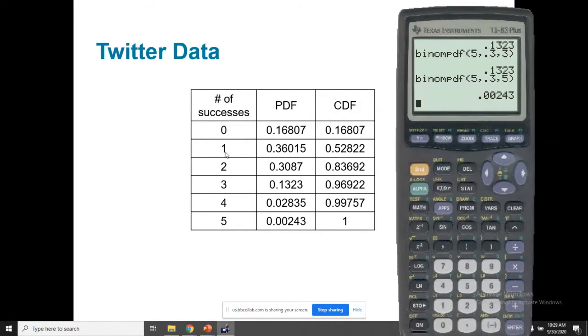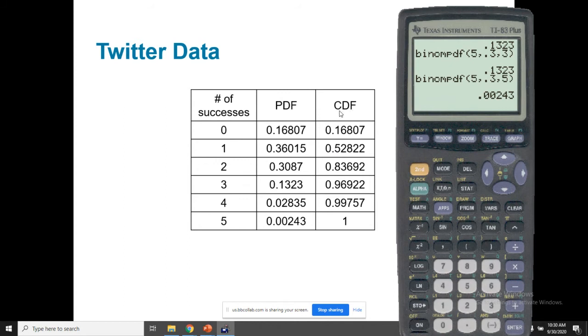The probability of 1 success is 0.52822. This 0.52 was calculated by adding the probability of 0 successes and the probability of 1 success. If I were to add these two things together, I get 0.528.